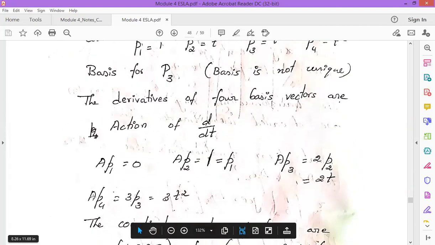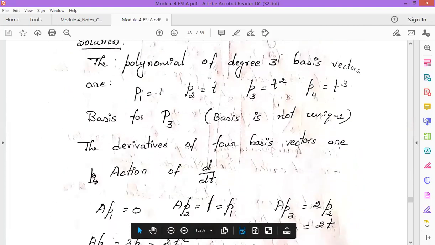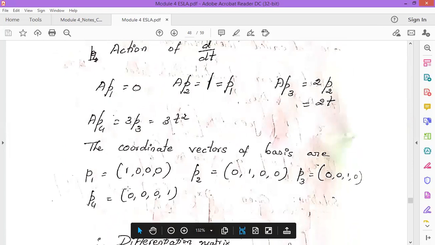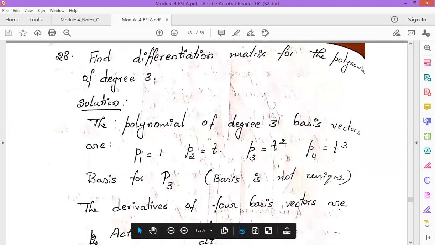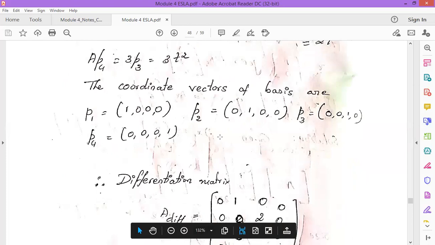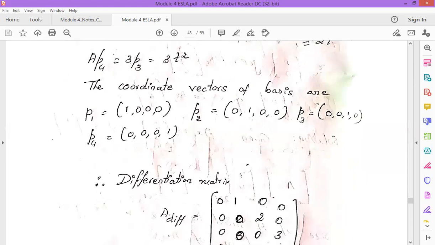So for P1, since it is consisting of only 1, here we can write the coordinate as 1, 0, 0, 0. So here 1 is for the first element, and the remaining coordinate values will be 0. Similarly for P2, it is consisting of only t. So here you can write the coordinate vectors as 0, 1, 0, 0.